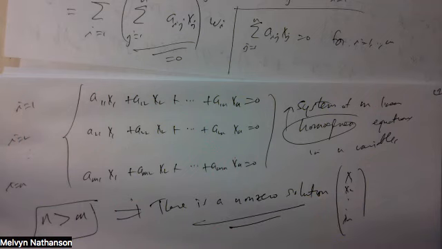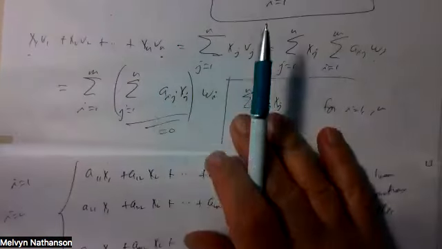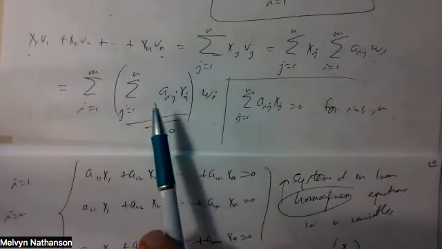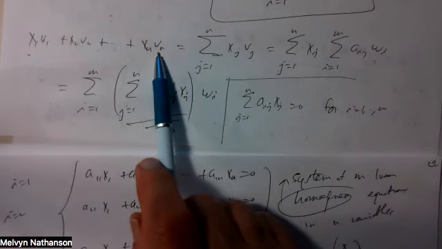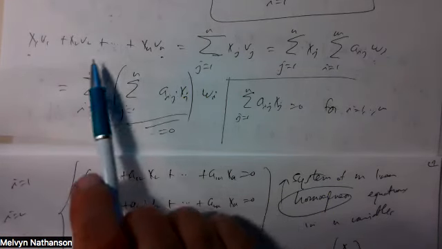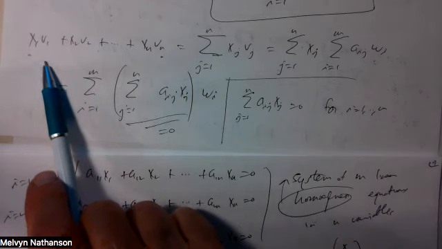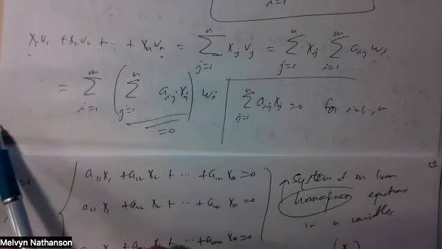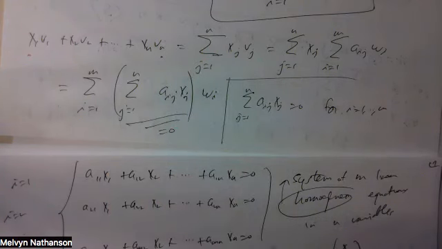A non-zero solution. So you can choose x's that set all of these equations equal to 0, which means all of these coefficients are 0, which means this is a linear combination of v1 up to vn. Not every x is 0, but this linear combination gives 0, so the v's are linearly dependent.